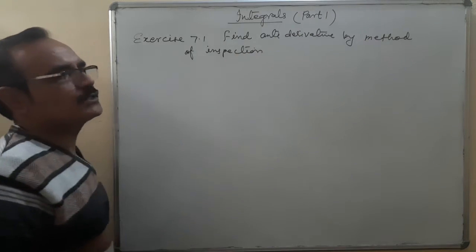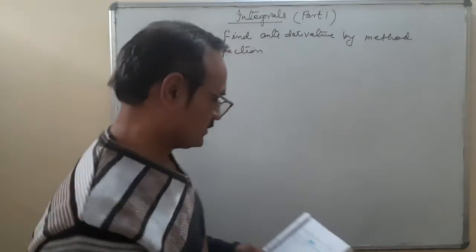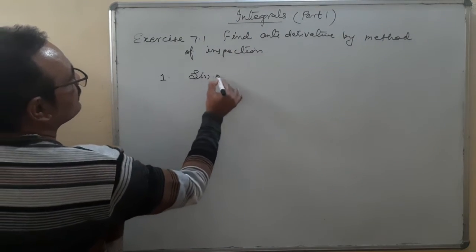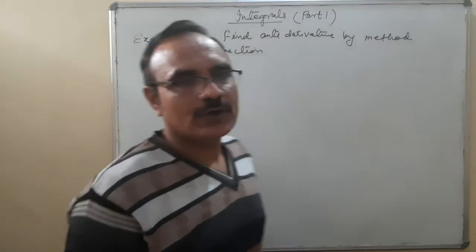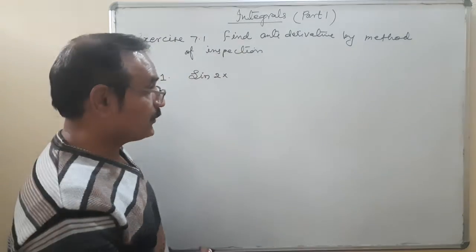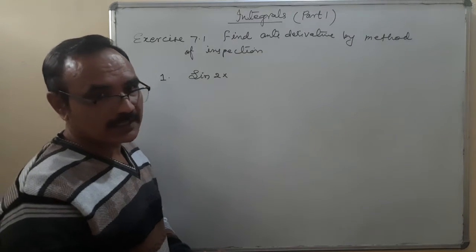Okay, by method of inspection. Question number 1 is sine 2x. We are going to find the antiderivative, meaning the integration of sine 2x, but we are using the method of inspection. We are not using integration or the integration sign.